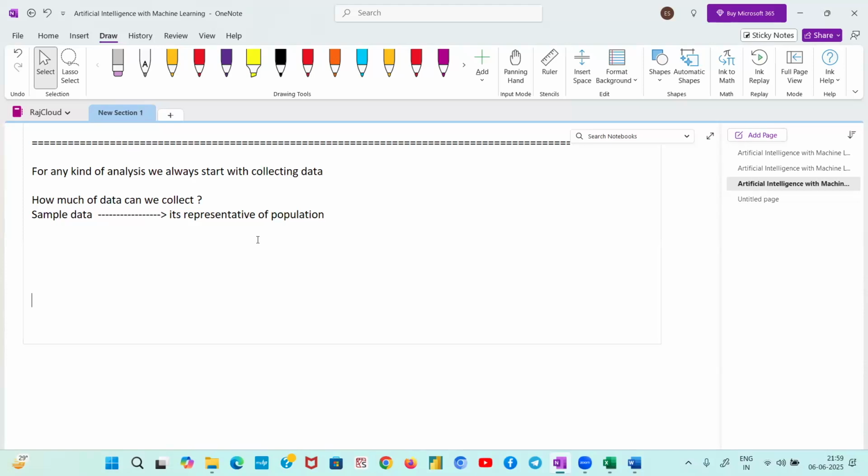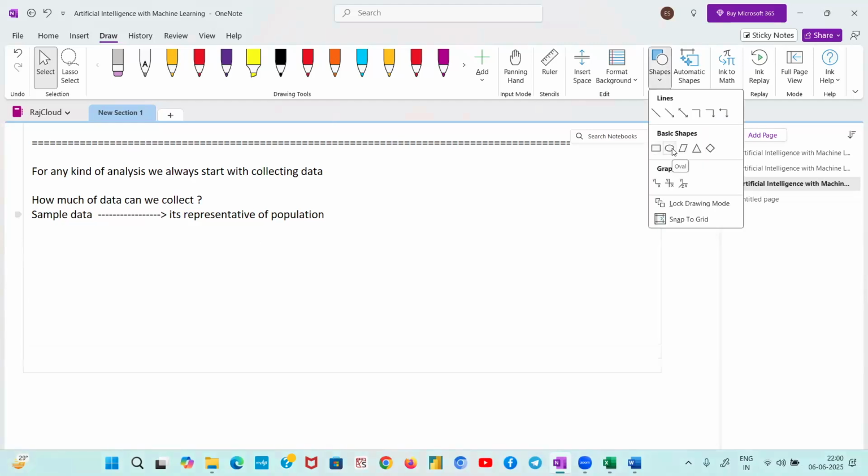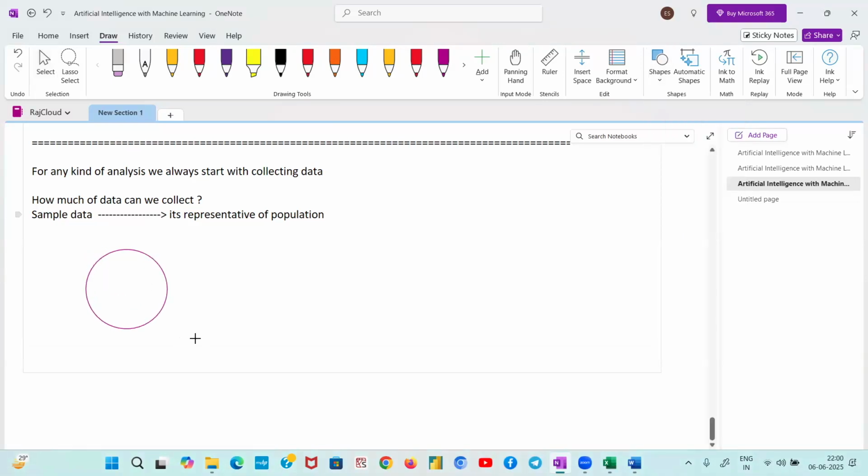To get real feedback on how they felt after using the bike, will you meet all one lakh people? No, it's time consuming. We can't put in that much effort. If you were able to collect all the people's data on how they feel about this bike, we would call it what? A big population data.